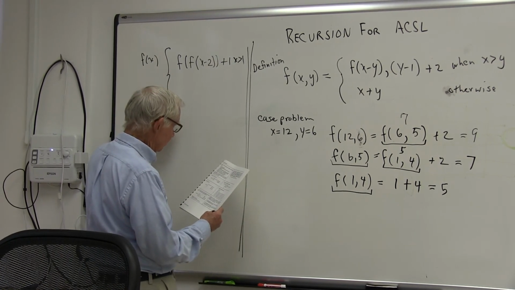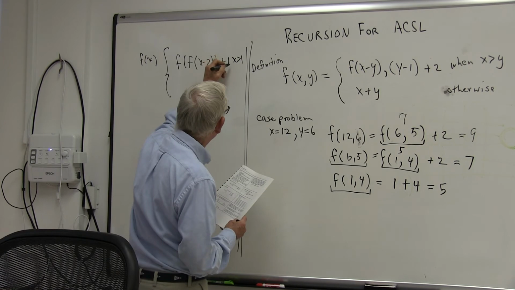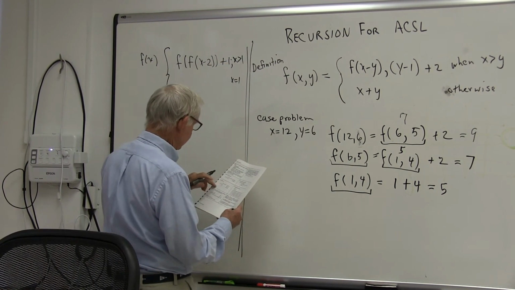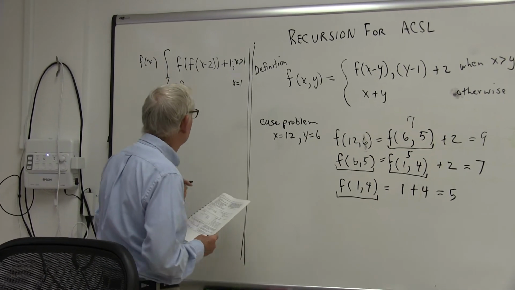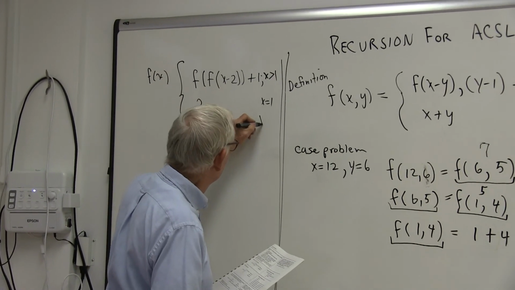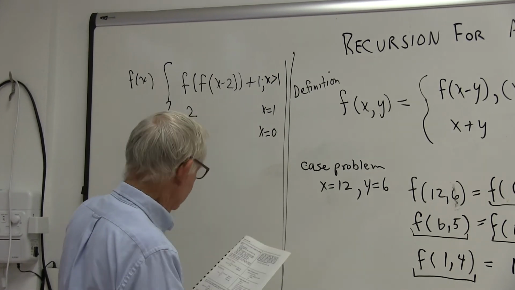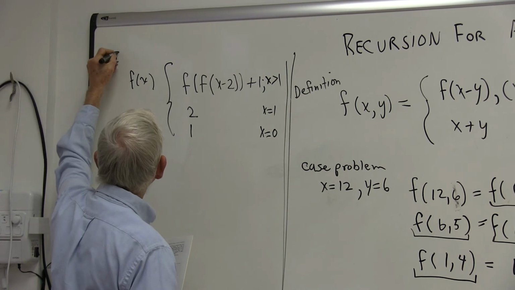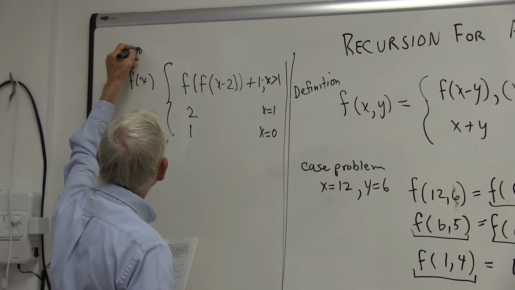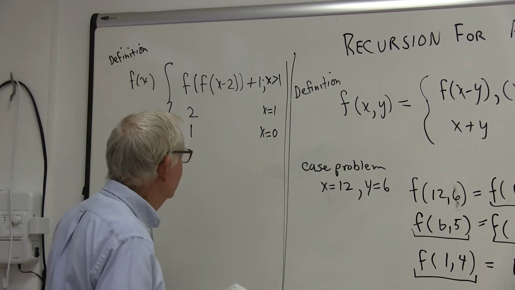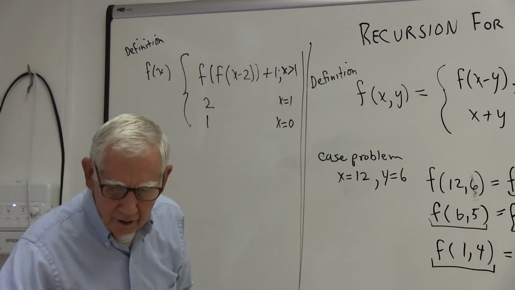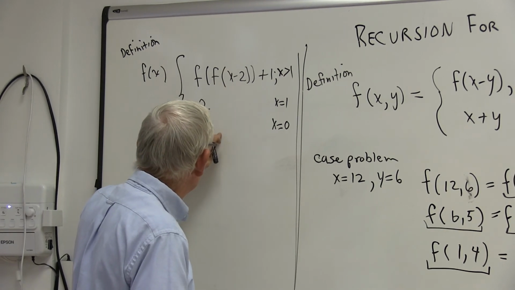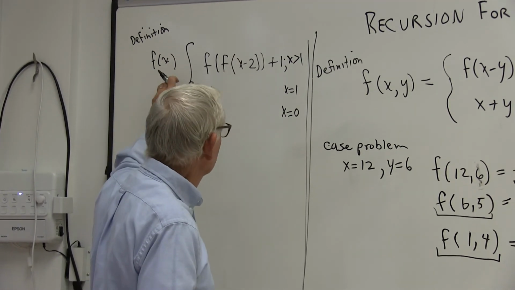However, if x is not greater than 1, if x is equal to 1, the function now is defined as 2. And if x is 0, the function's value is 1. So this is the definition of the recursive function. Again, the recursive function means that there are several solutions depending on the value.